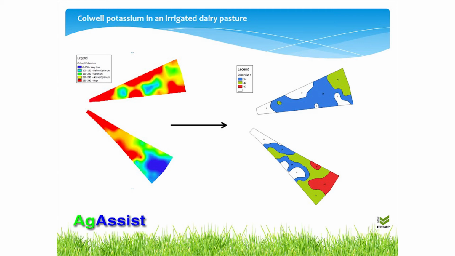I think down the track, and Tim, you might have seen in the States, there might have been some variable rate blending technology of granular fertilisers, but that's where we're going to head if we really want to take this technology and use it. I know that in the States they're doing variable rate blending when they're using liquids, so they can vary the rate of phosphorus, potassium and other nutrients as they're drilling. So that's where we're going to head down the track, I think.